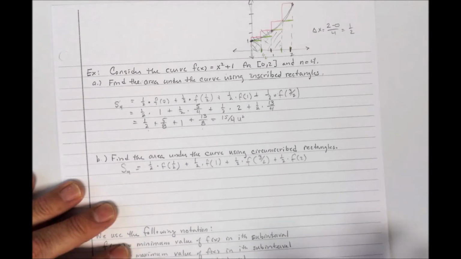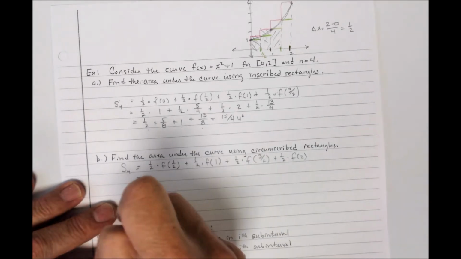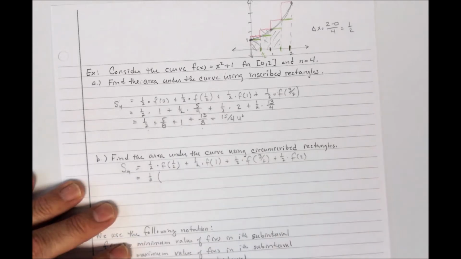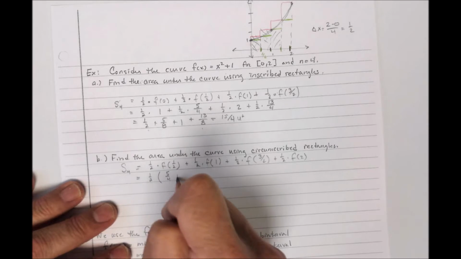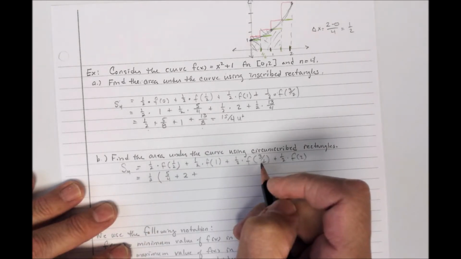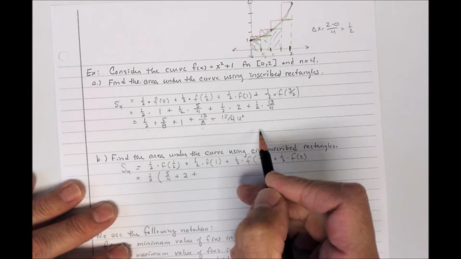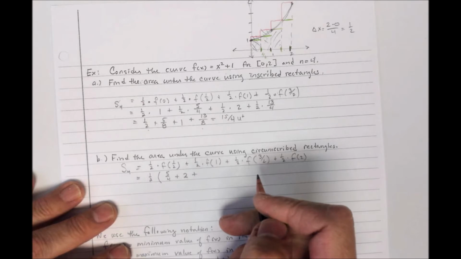Now, I didn't do it in the first example, but I most certainly could have just factored out the 1/2. I probably should have and saved myself a little bit of aggravation. If I plug a half in, I get 5/4. If I plug 1 in, I get 2. If I plug 3/2 in, let's see, what was 3/2? That was 13 fourths.